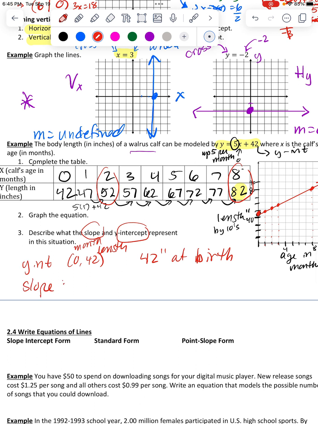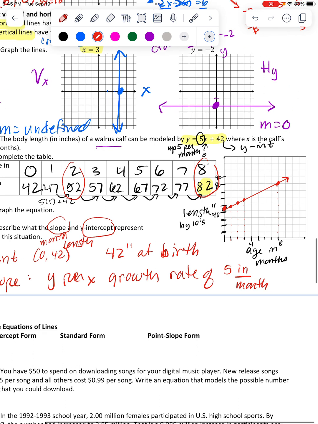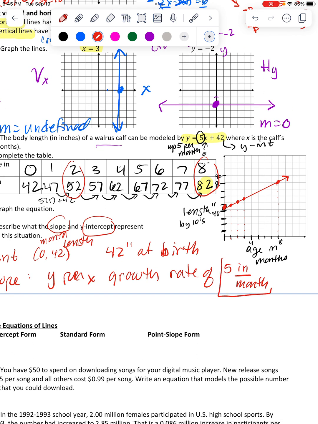Keep in mind that slope is always measured in y per x. So for me, y is inches and x is months. So for me, it's a growth rate, because slope is always a rate, of 5 inches per month. So that's how you find the units, is y, which was inches, over x, which was months.